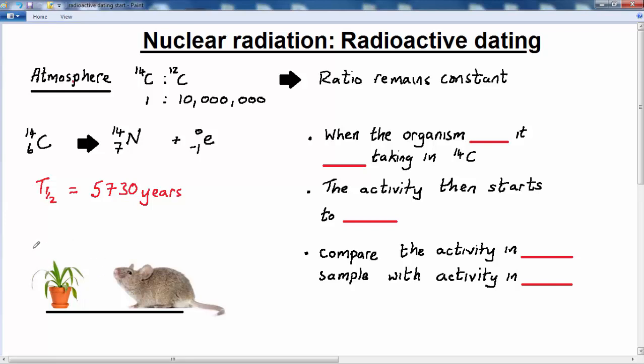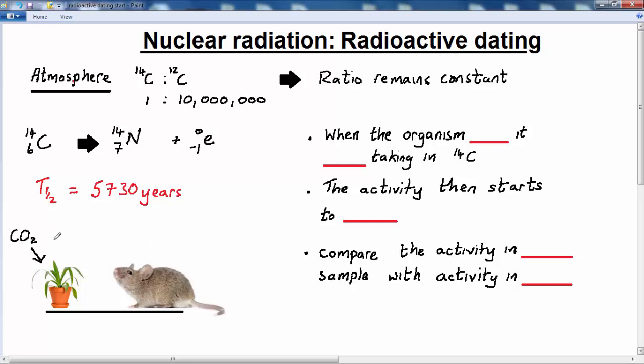So first of all, let's talk about the plant here. What do plants do? Well, they absorb carbon dioxide from the atmosphere. Some of the carbons in the molecules of carbon dioxide will contain carbon-14. Most of them will be carbon-12. But as the plant absorbs that carbon dioxide into its body, the radioactive carbon-14 goes into its structure.